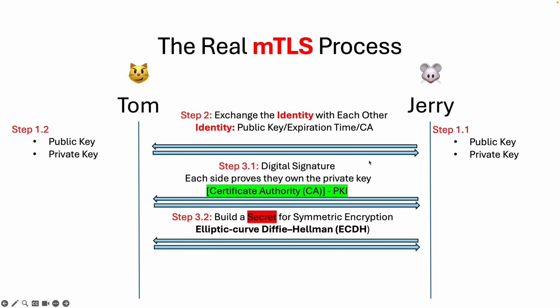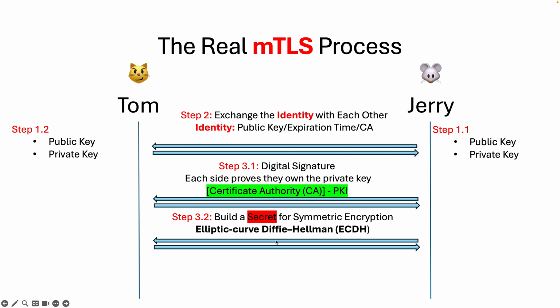This process has also involved a certificate authority, which belongs to a PKI, a public key infrastructure. That's another component to support identity, but not our key focus in this video. So after Tom and Jerry prove their identity by exchanging certificates and verifying their signature, they still need a shared secret for symmetrical encryption.